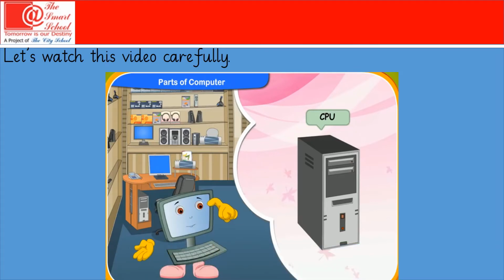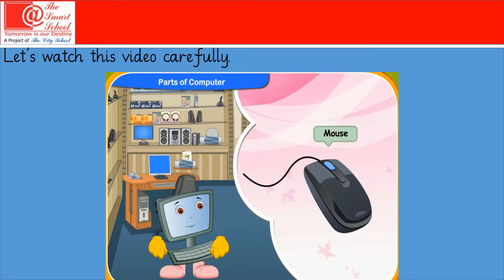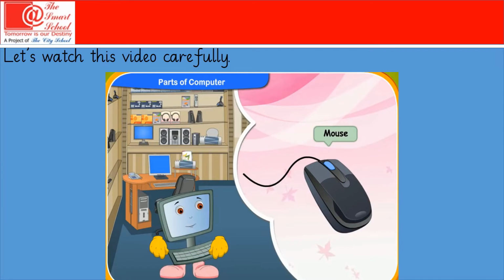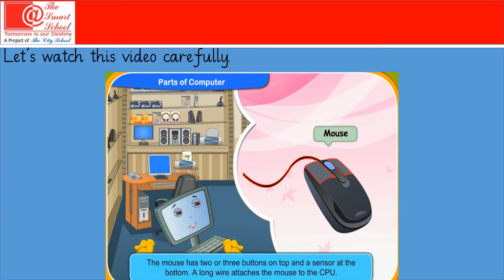Let us now discuss about the mouse. You probably know that the mouse is a pointing device? Yes, Clicko. I know that the mouse is used to point out the items present on the computer screen. Right, Rennie. The mouse has 2 or 3 buttons on top and a sensor at the bottom.